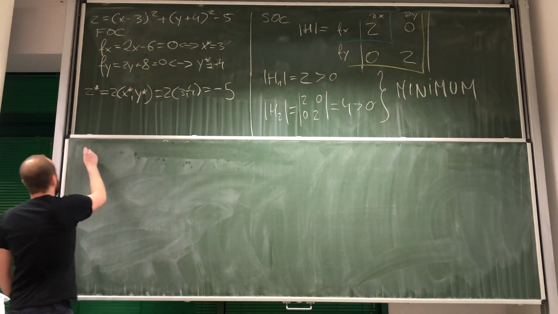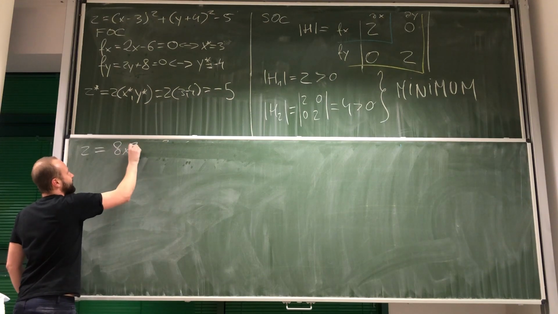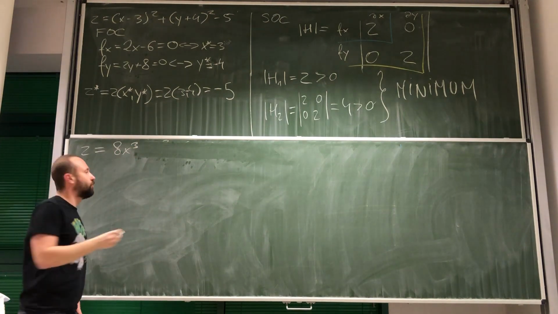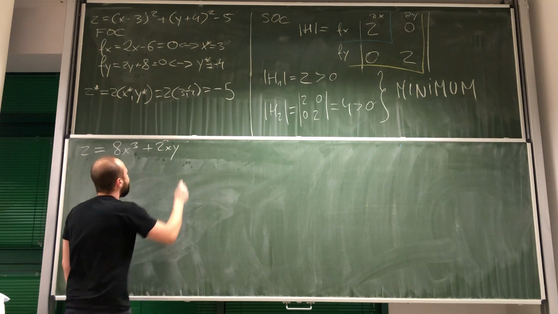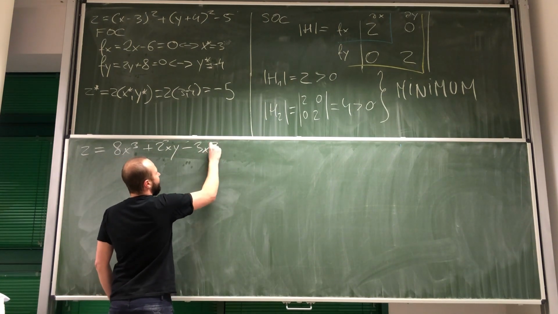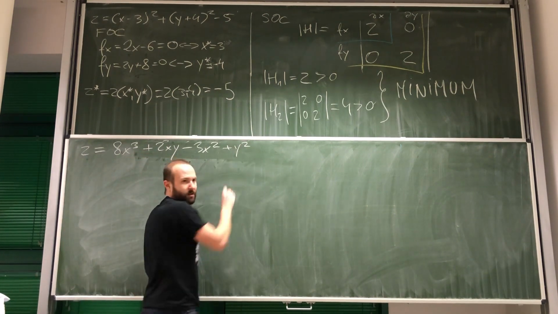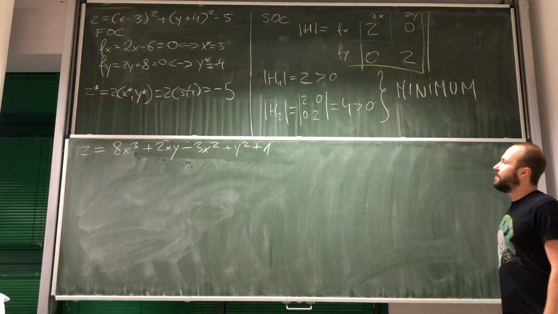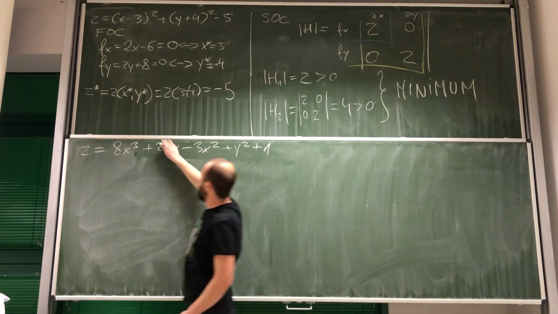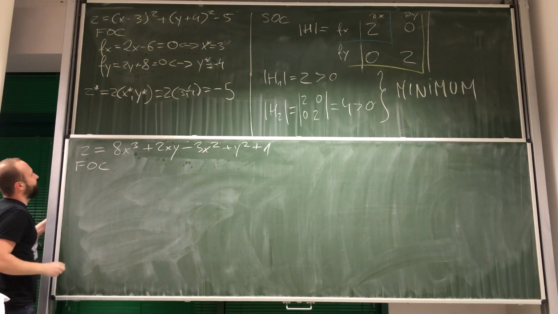Okay, so we've got that z now is equal to 8x cubed plus 2xy minus 3x squared plus y squared plus 1. Okay, now what do we do next? We're going to start again with the first order condition.